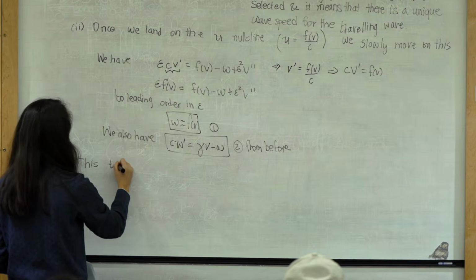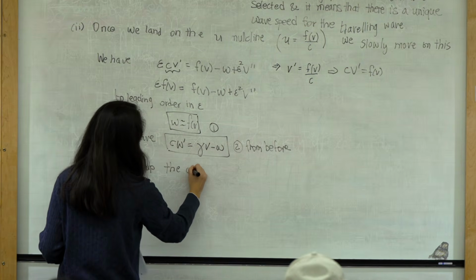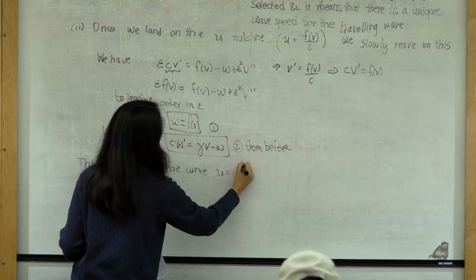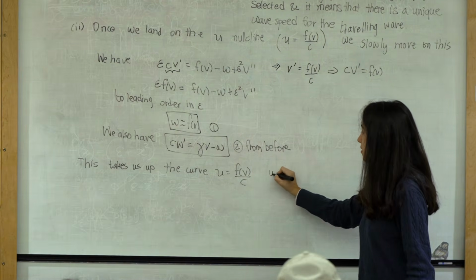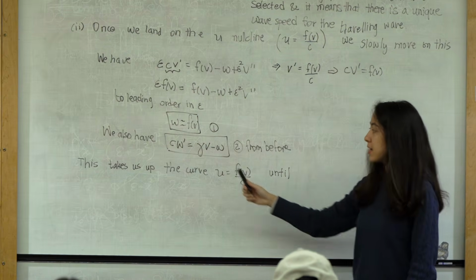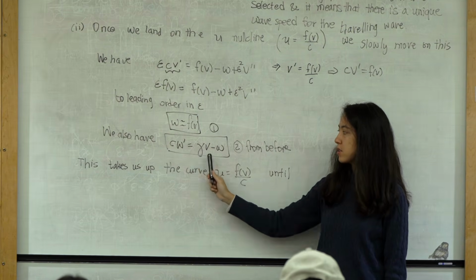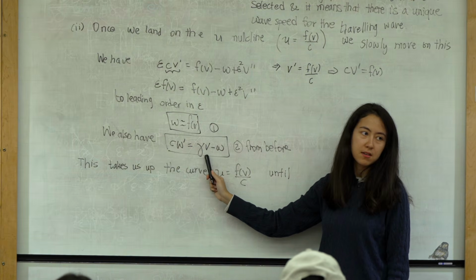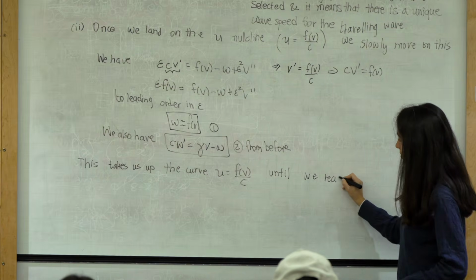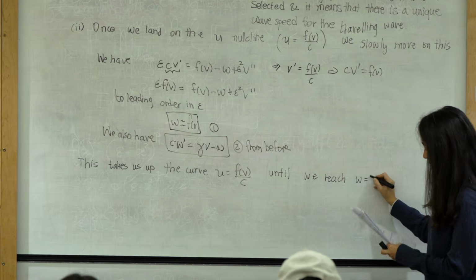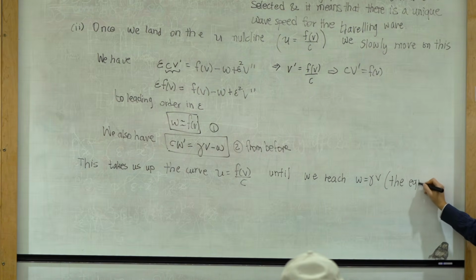So this takes us up the curve u is equal to f of v divided by c until I reach the other null cline now, where w prime is equal to 0, so w is equal to gamma v, until we reach w equal to gamma v, which is the equilibrium of 2.